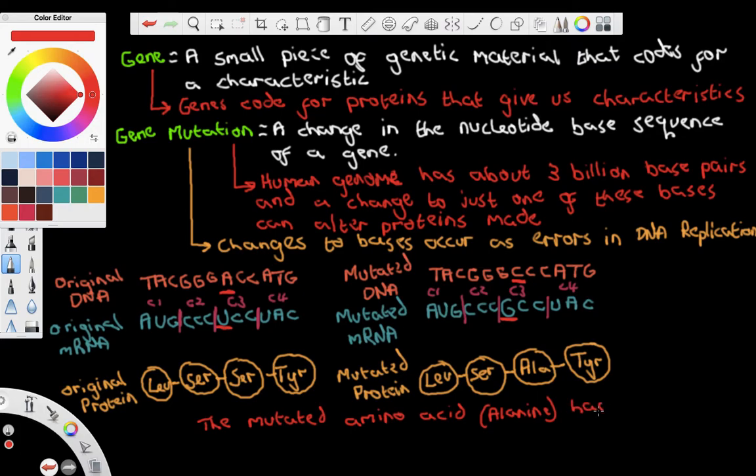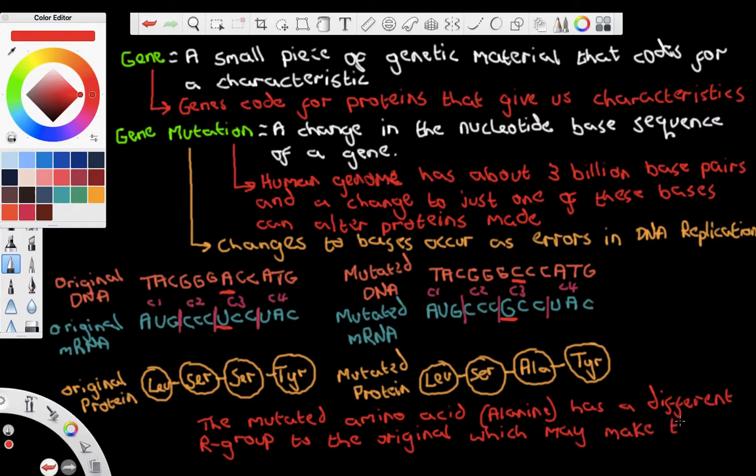Has a different R group to the original, which may make it fold different, may make the protein's tertiary structure different.